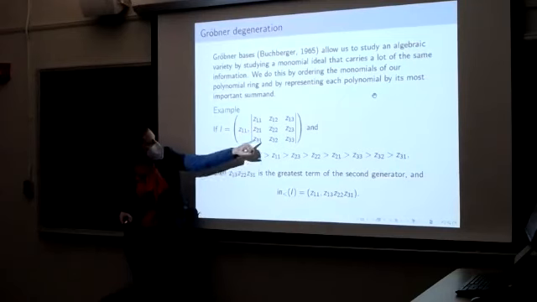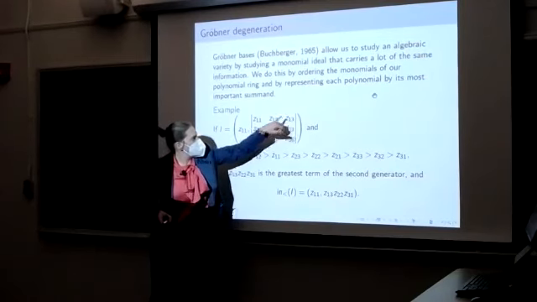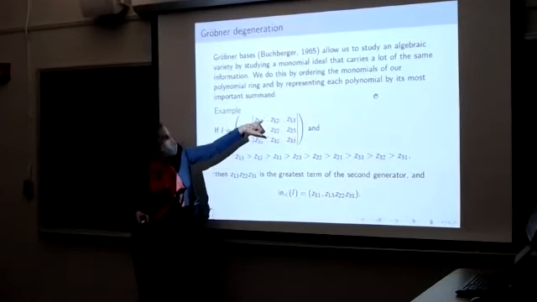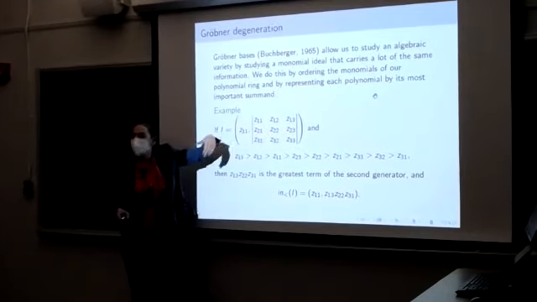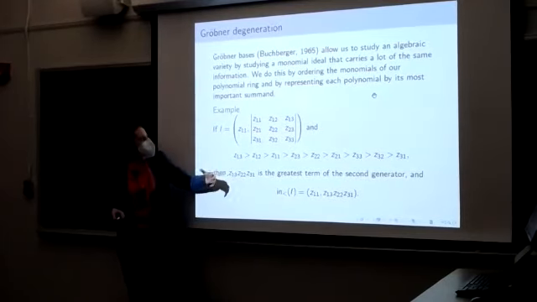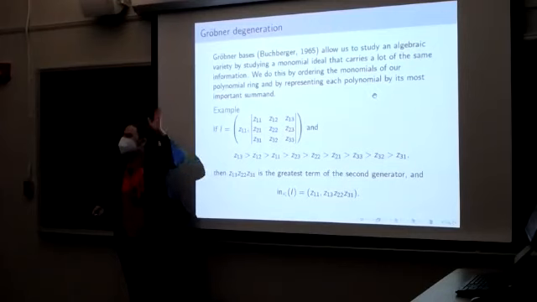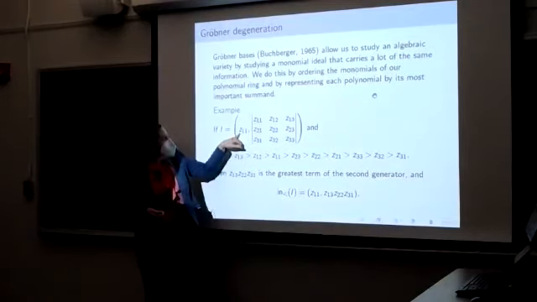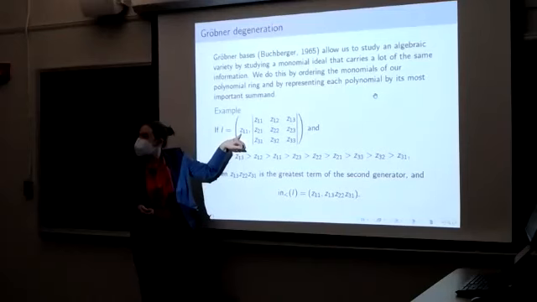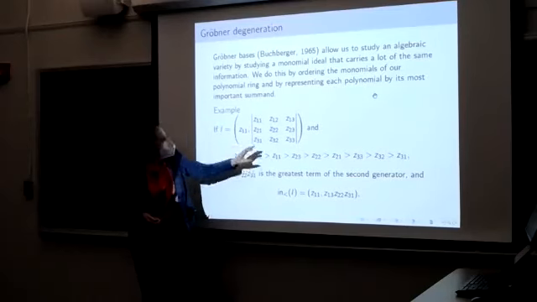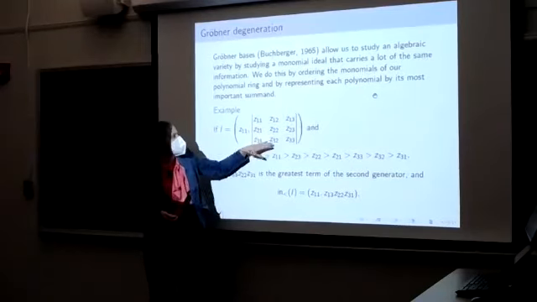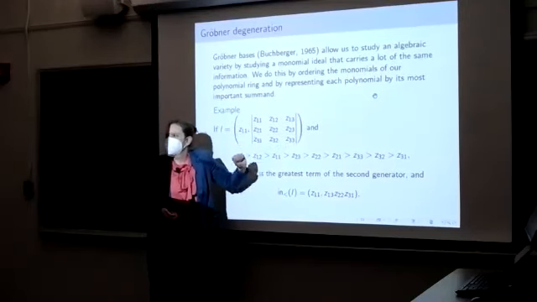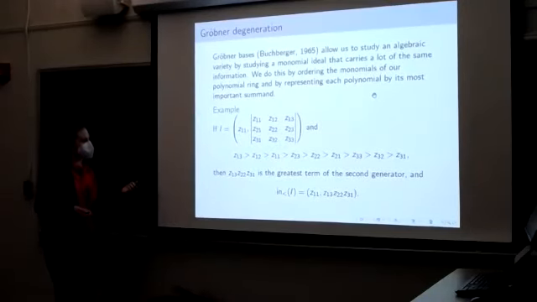So here's one option. We have this order on the variables where this one's the most important, less important, less important, and so on. And with that ordering, we'll just dictionary order things. So choose which letter comes first in the alphabet and then make a phone book. And with that ordering, certainly Z11 is the greatest term of Z11, it's the only term. And with that ordering, this anti-diagonal is the most important term of this 3 by 3 minor.